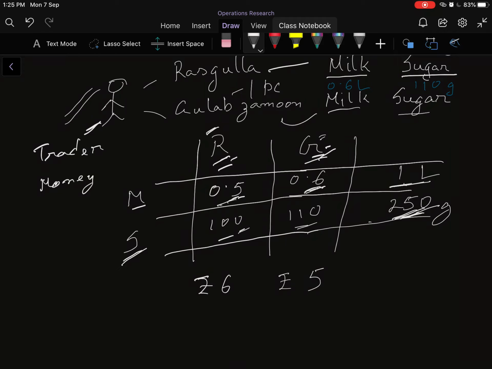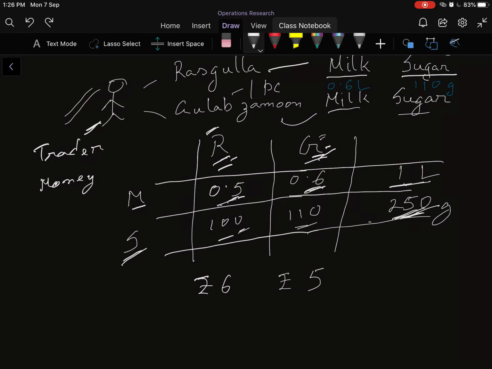I am giving some advantage to rasgulla because this is my personal favorite sweet dish. That's why, of course, I would give some amount of privilege, money, or some favor to this particular sweet. Anyhow, let's continue.